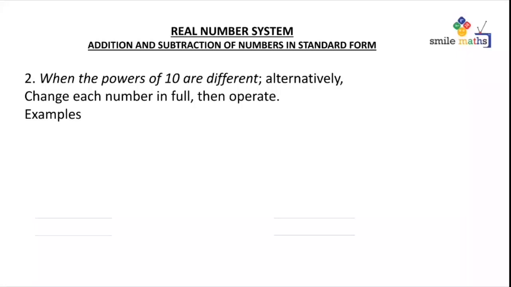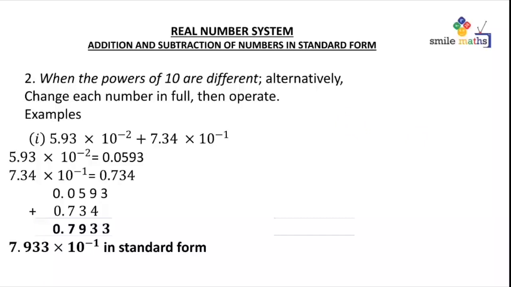Alternatively, we can talk of changing each number in full, then we operate. So for 5.93 times 10 to the power negative 2, initially the point moved from left to right to become negative 2. So changing it to a full number, we are going to move from right to left. And because it's 2, we are going to move the point twice back, 2 times from right to left.